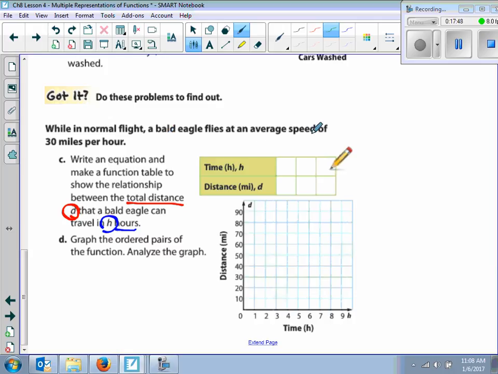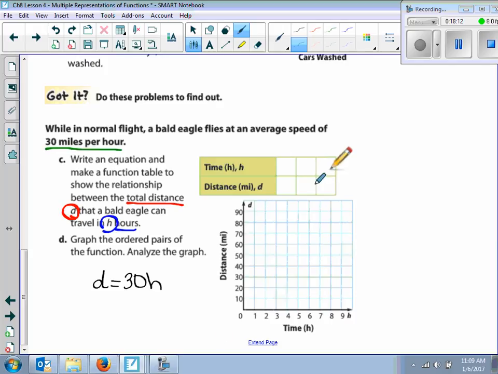So it says a bald eagle flies an average speed of 30 miles per hour, right? So now, what is my equation going to be? D equals 30 times h. Very good. D is equal to 30 times h, right?